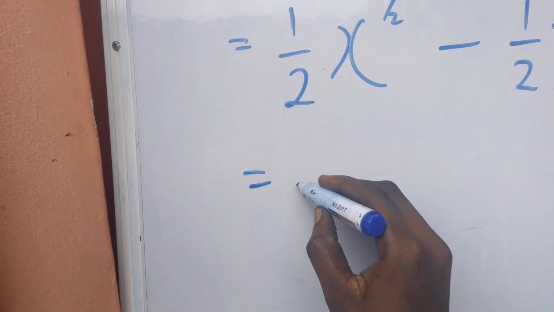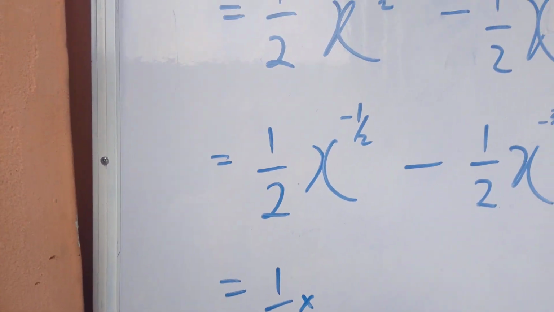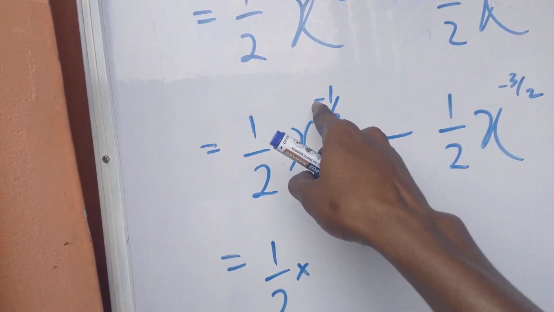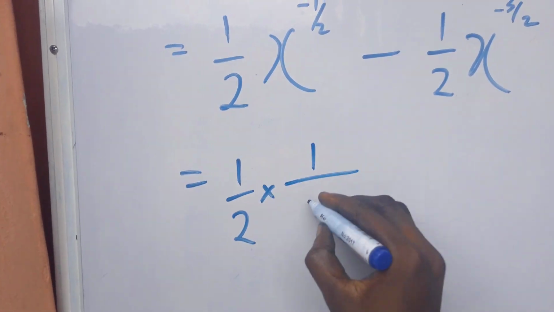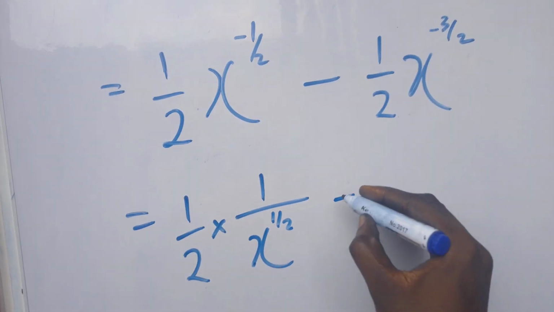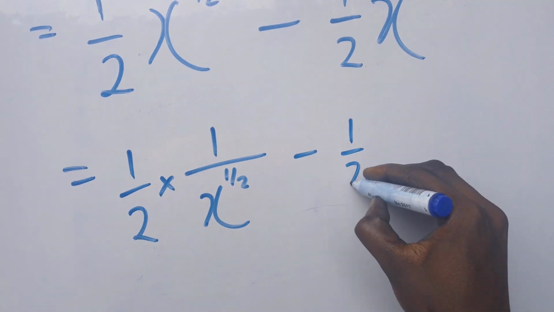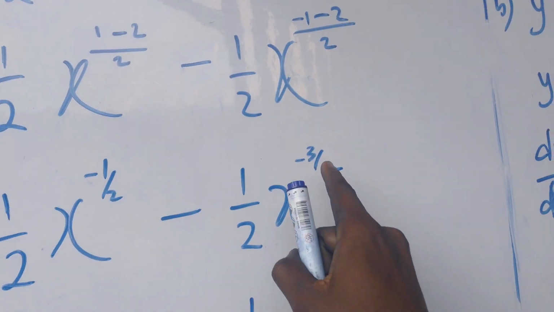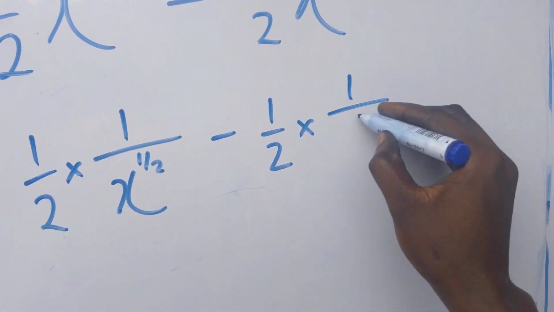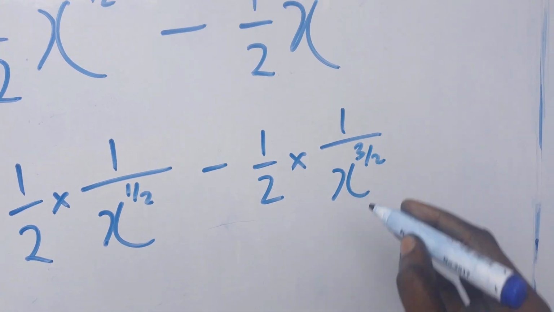So this now equals 1 over 2 times, this will be a reciprocal because of this negative there, that's the reciprocal of x raised to power half, minus 1 over 2 times, this now gives me a reciprocal of x raised to power 3 over 2.